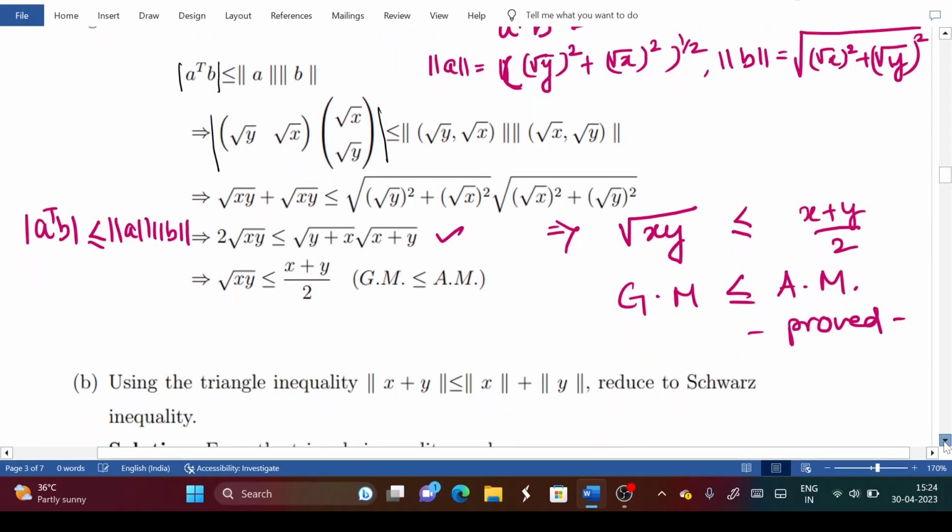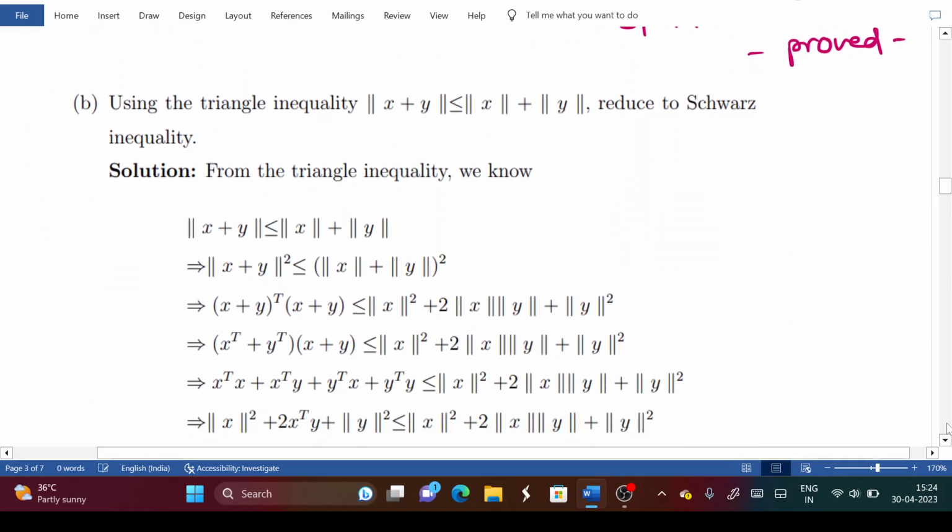Now let us discuss the second part of the question. Using the triangle inequality, norm of x plus y is less than or equal to norm x plus norm y, reduce it to the Schwarz inequality. So this is our triangle inequality. Now taking the square on both sides, we got this line.